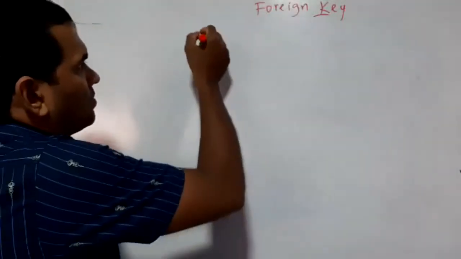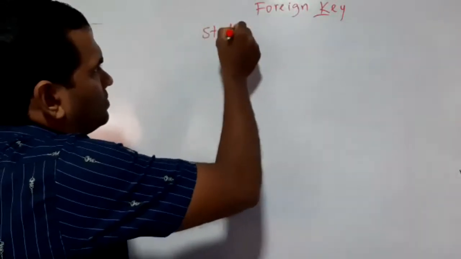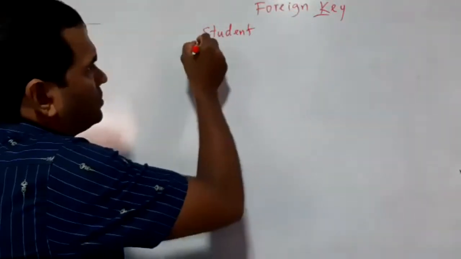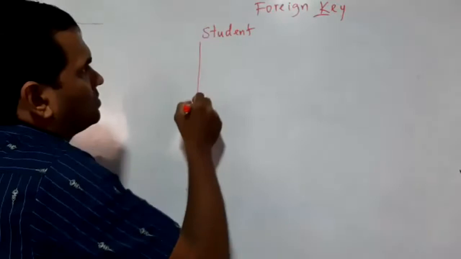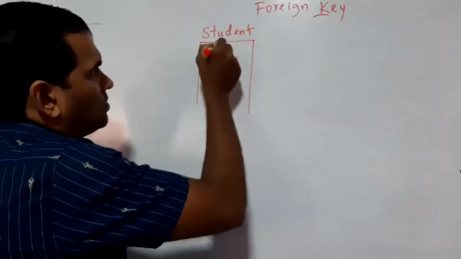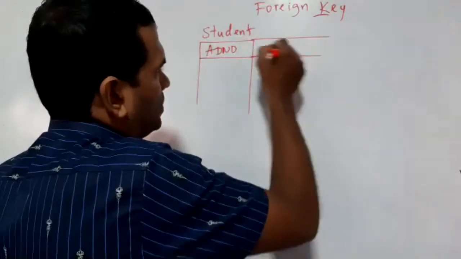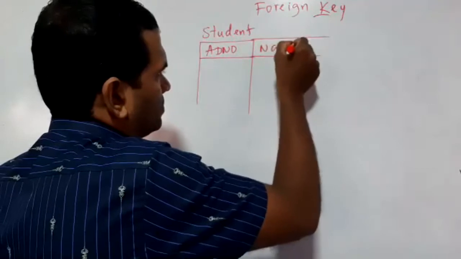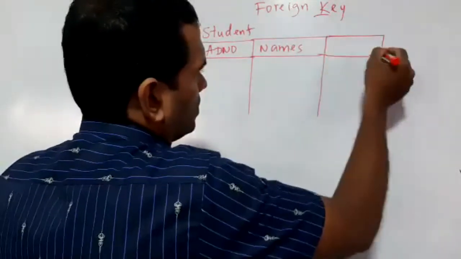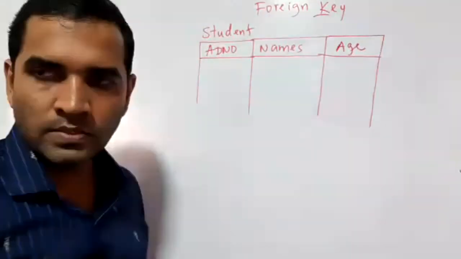So I take this example. Here we have a student table, which has admission number, names, and age. We have three fields.